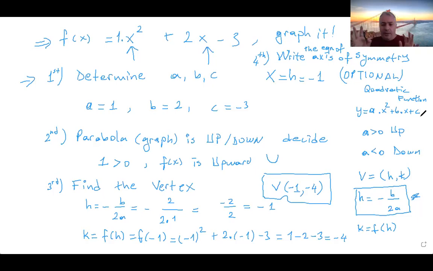Just in case, if you need, axis of symmetry is x equals h, which is x equals -1. To draw the graph, we don't need it. In some extraordinary cases, we may need it. Or if the question says, show the axis of symmetry also, we should put it. But normally, graph the function, no need.